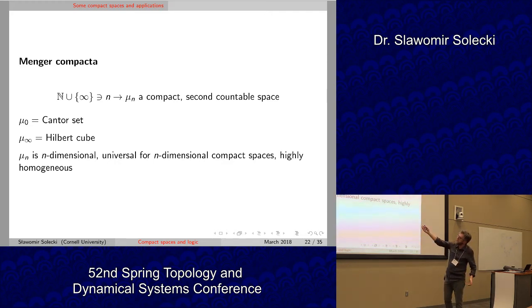Descriptive set theory works on the Cantor set, mu_0, and then there's this beautiful array of objects of the same type that connect mu_0 with the Hilbert cube. And somehow the same properties often play an important role in descriptive set theory and in infinite-dimensional topology. In any case, this is our relevant object, but this is maybe for the future.